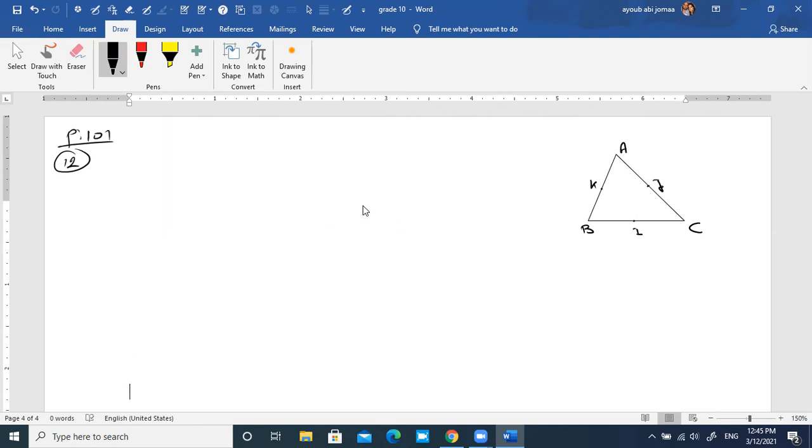The question in part A. The given: I is the midpoint of BC, J is the midpoint of AC, and K is the midpoint of AB.